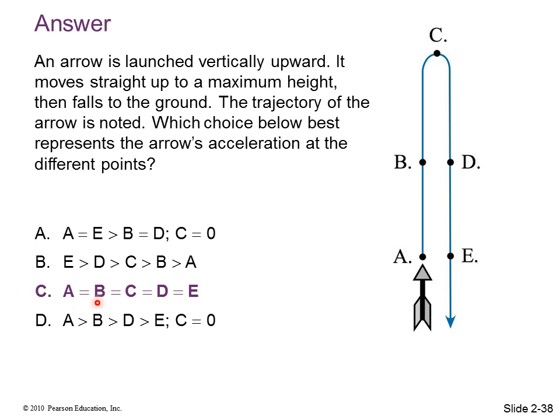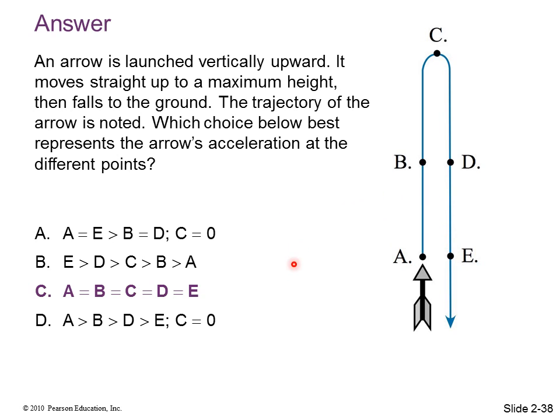So here's our answer. A equals B equals C equals D equals E. They're all equal. What sometimes happens is students will imagine, okay, I've thrown a ball up in the air, and as soon as it leaves my hands, it's going really fast, and all of a sudden I see it slowing down, and then it gets to the top of its trajectory, and for a moment, it's almost like it's zero, then it starts falling back down. It's going faster and faster.